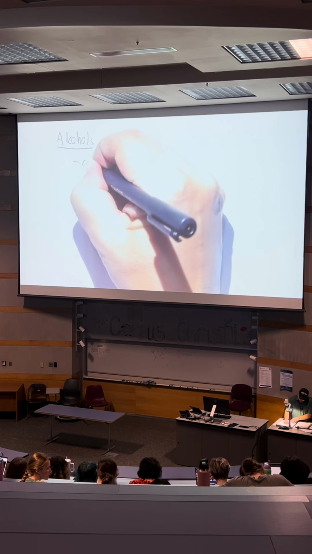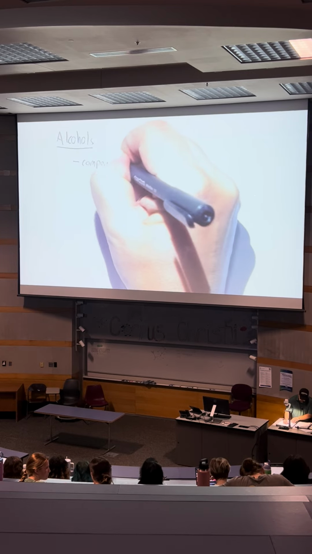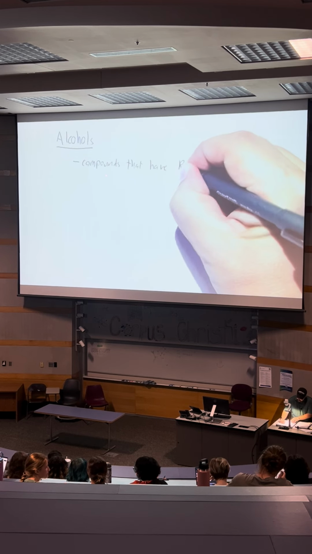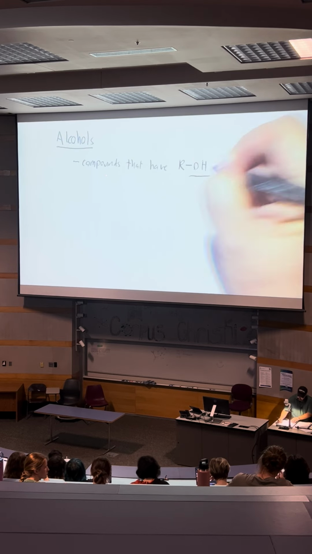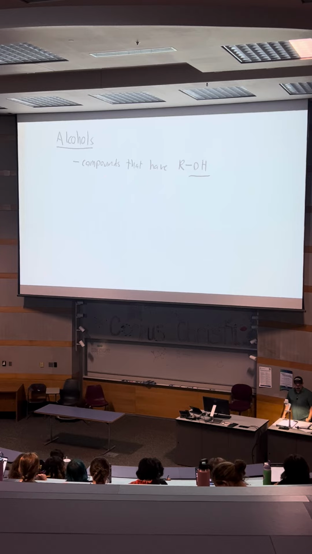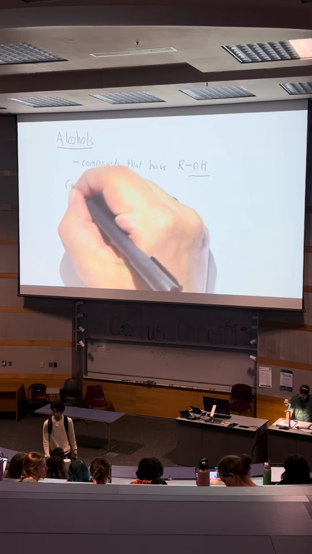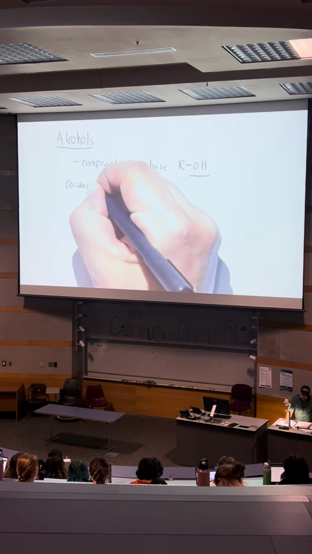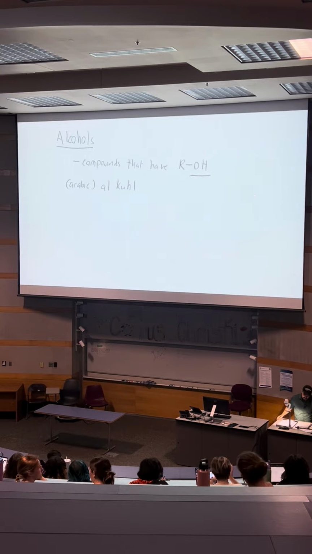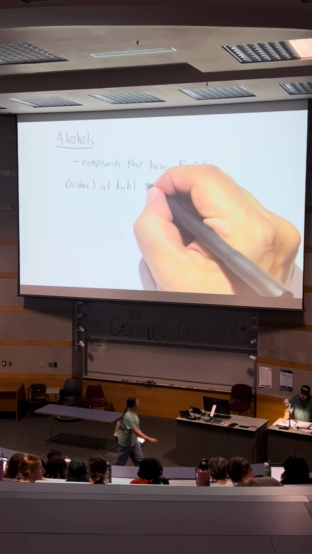And so in case you haven't memorized all the functional groups, these are going to be the hydroxyl groups attached to a carbon, right? And so if you go back to the origins of the word, it's actually Arabic, right?